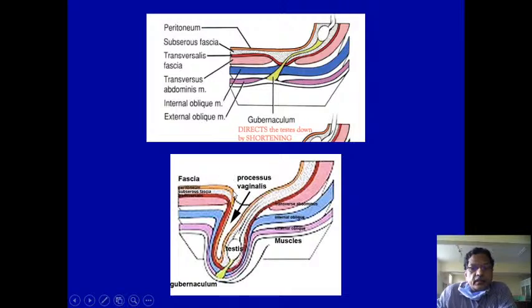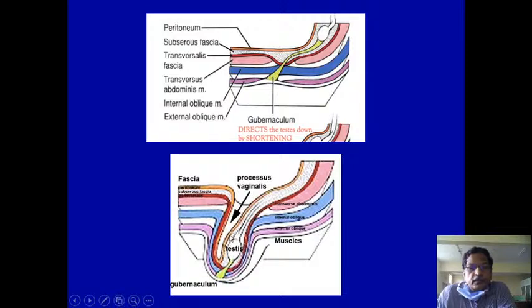The processus vaginalis, as you can see, is a peritoneal process. Eventually, when the testis becomes intrascrotal in location, it invests all the sides of the testis except the posterior side. So there are 2 layers of this processus vaginalis. We call them tunica vaginalis when it completely invests as a tunica.